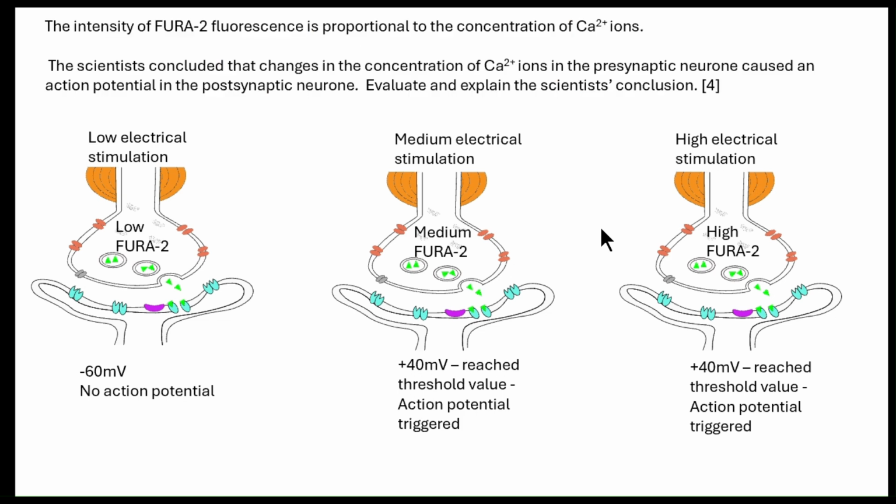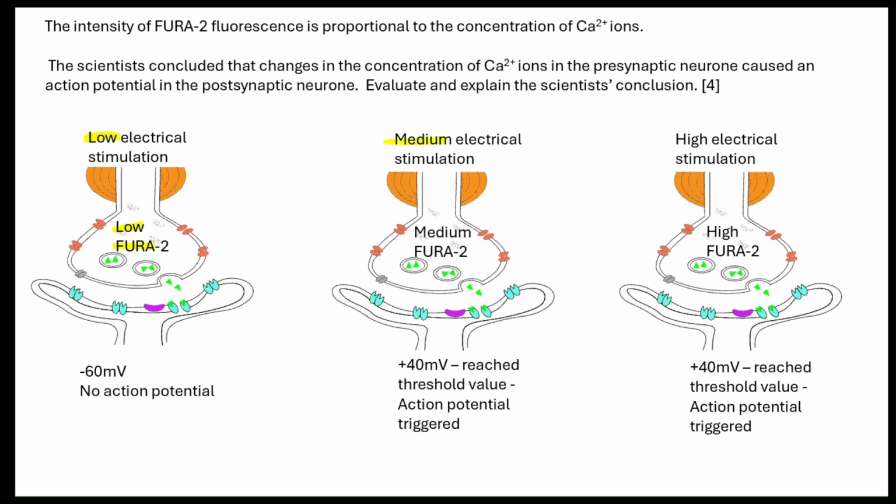So let's look back at the conclusion that the scientists have given us. The conclusion is that the changes in the concentration of calcium ions in the presynaptic neuron cause an action potential in the postsynaptic membrane. Well, if we look at this, what we can clearly see is when we have a low stimulation, we also have a low concentration of FURA.